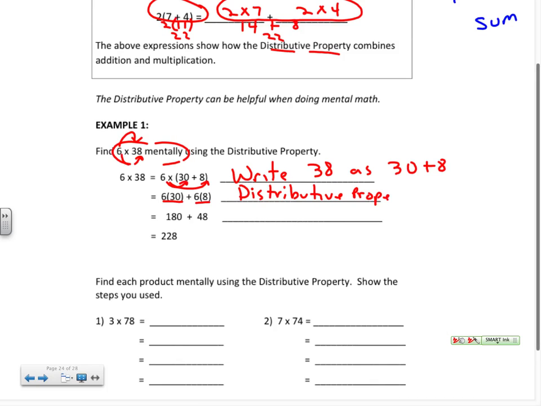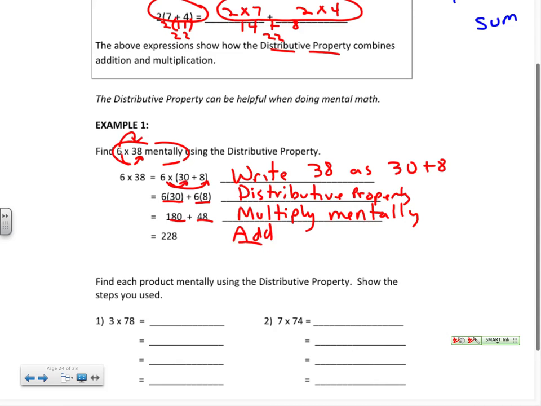My next step, I did the math mentally. I multiplied 6 times 30 to get 180, and I multiplied 6 times 8 to get 48. And finally, I added those two numbers together. That was my last step.